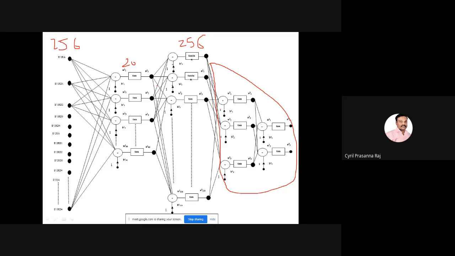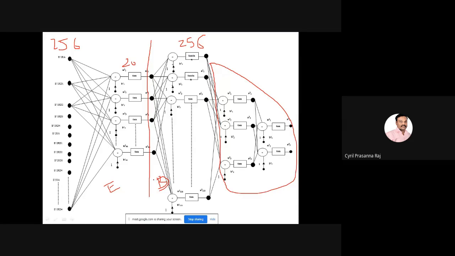Once the training is done successfully, we will cut this network at this point, and define one part as the encoder and the other as the decoder. So you're taking 256 inputs and identifying 20 significant features of those 256.